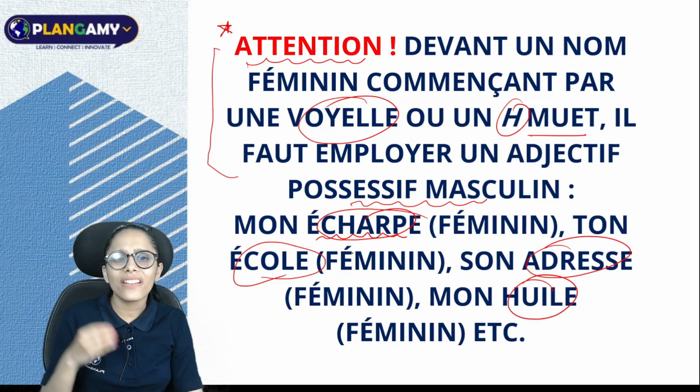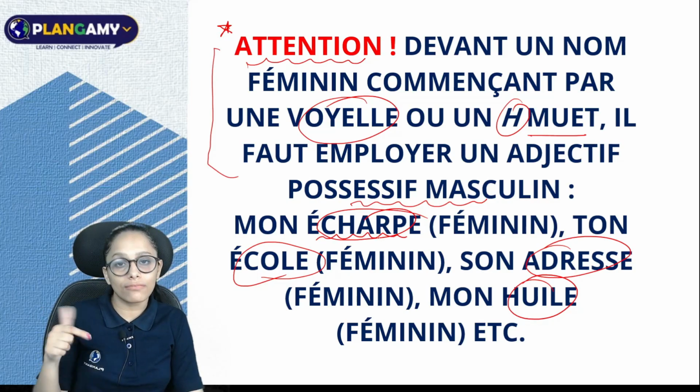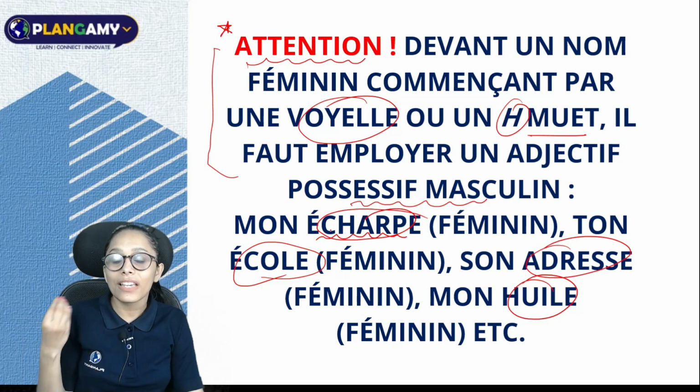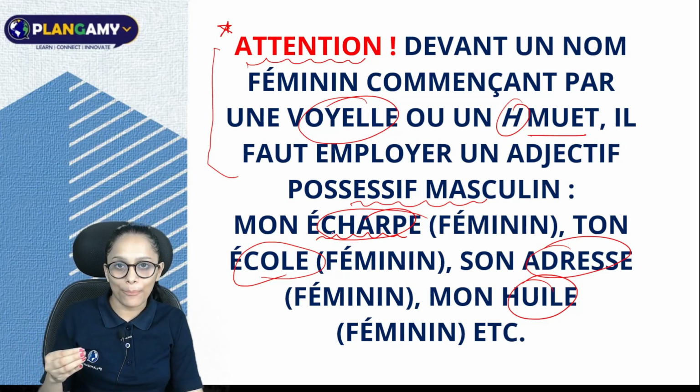So, there is a list and there are certain exceptions that you have to learn. For example, écharpe, which means scarf. So, mon écharpe. Instead of writing ma écharpe, they have written mon écharpe, because if they had written ma, it would have been grammatically wrong.